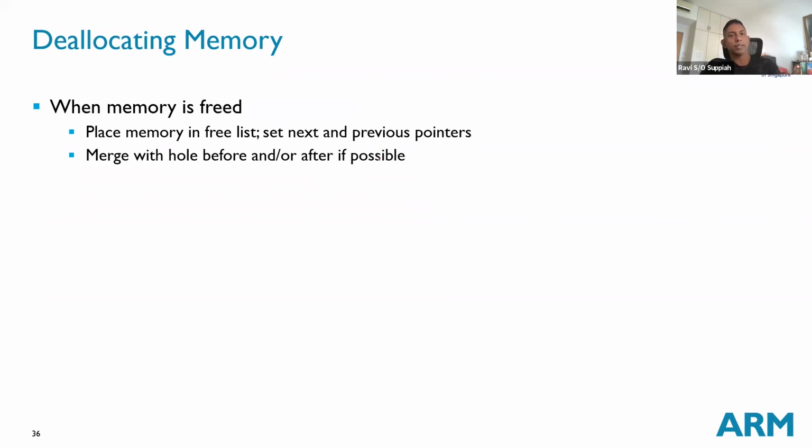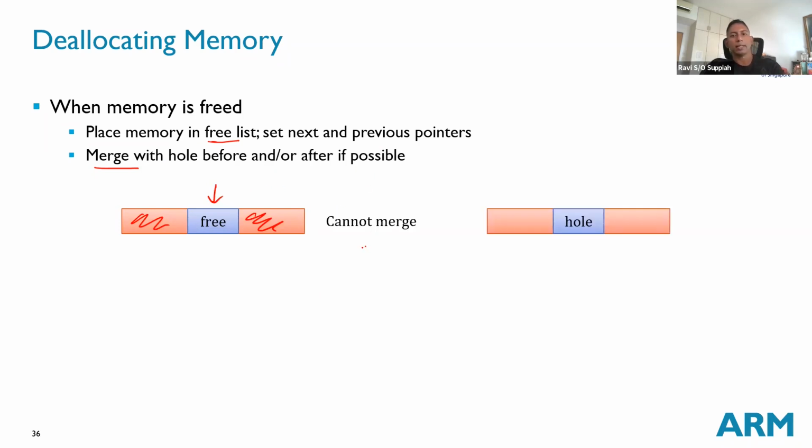When memory is freed, you put it into a free list, where you say that the memory has been freed up. Once it is freed up, I can do a merging, if possible, with any hole before or after it. For example, if these two chunks of memory are used up and I free up the one in the middle, then if you don't do any compacting, which we'll cover later on, you still keep it as it is.